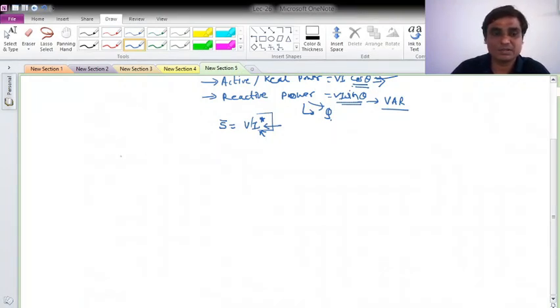Now, let us see in this class some numerical examples on power calculations. That is, if I have some AC circuit, do the power audit, or do the power analysis. For that, let me draw the circuit.